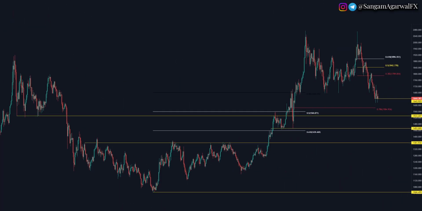The weekly time frame, which is important for big players, is still making rejection below 1643. So if a breakout comes below the 1643 level, then our downside target is still the 1560 to 1533 support zone.